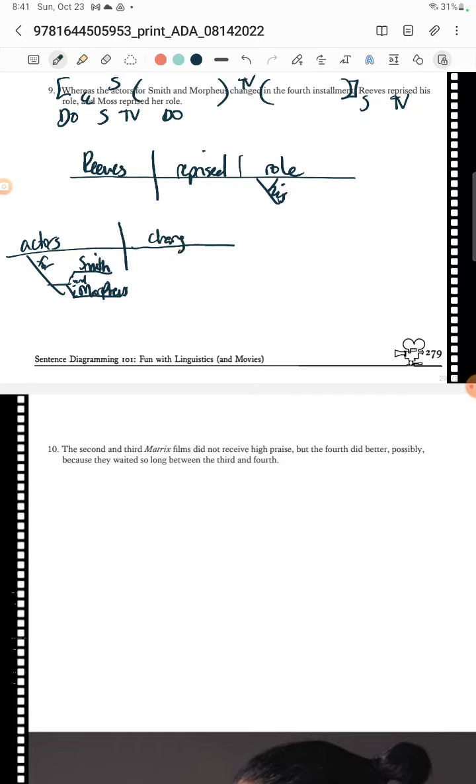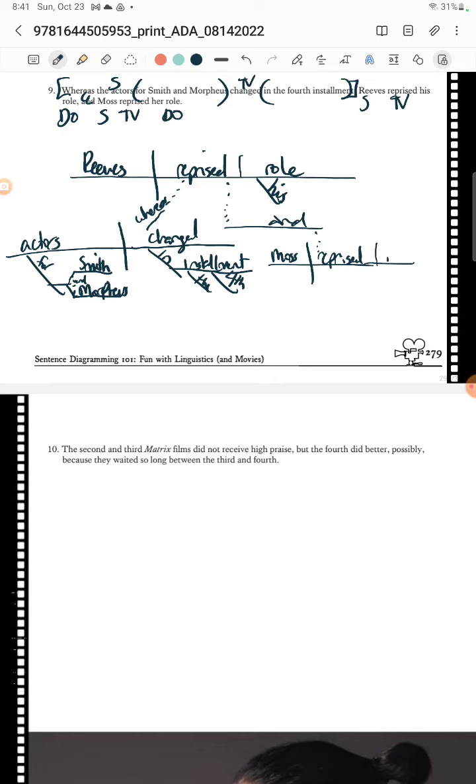They changed, right? And where did they change? They changed in the installment. It was the 4th installment. We need a little whereas. And then we could just Moss reprised her role. It's pretty interesting.